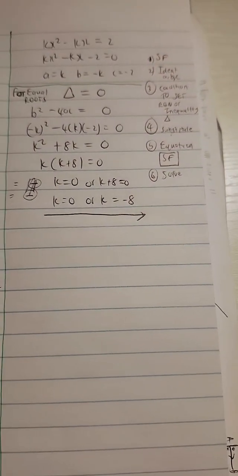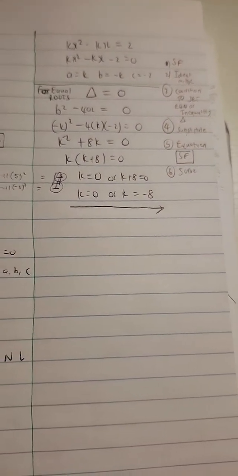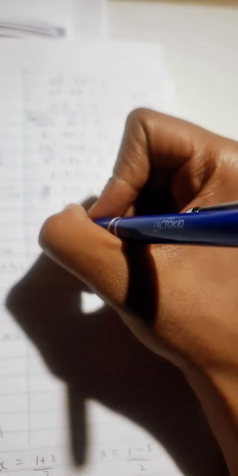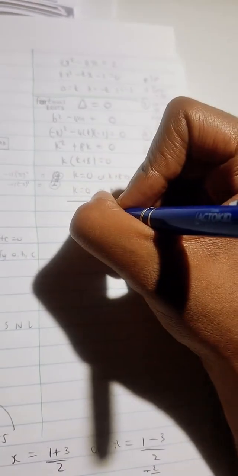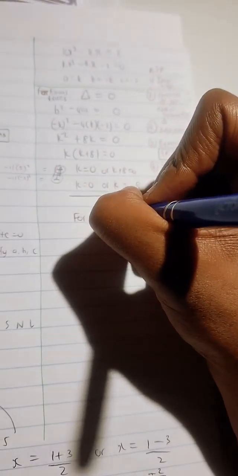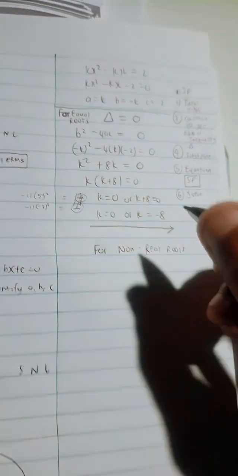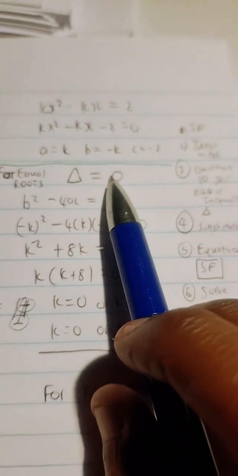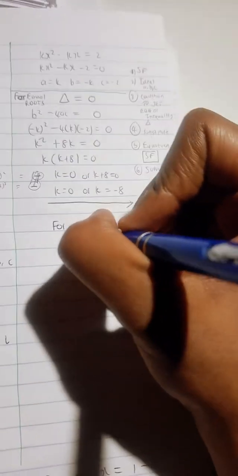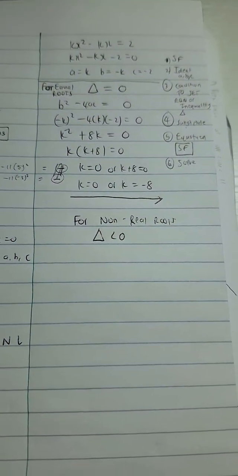I just want to finalize this. Had they said for non-real roots, of course that changes the condition. It wouldn't have been delta is equal to 0. It would have been delta is less than 0. I'm just looking at another scenario.